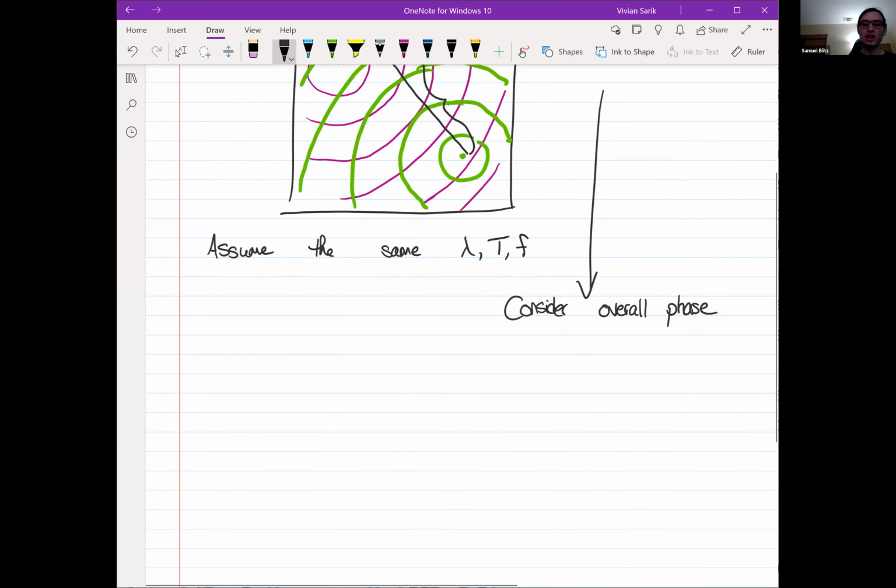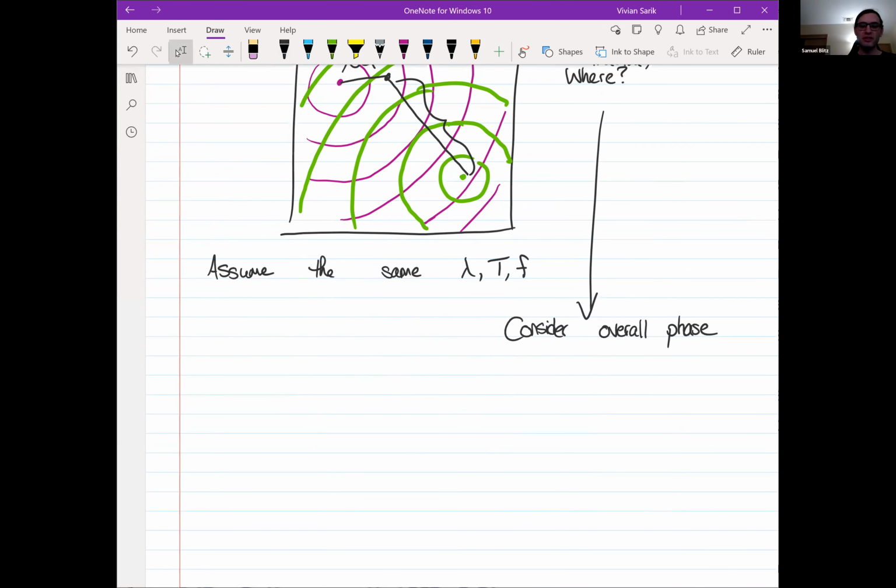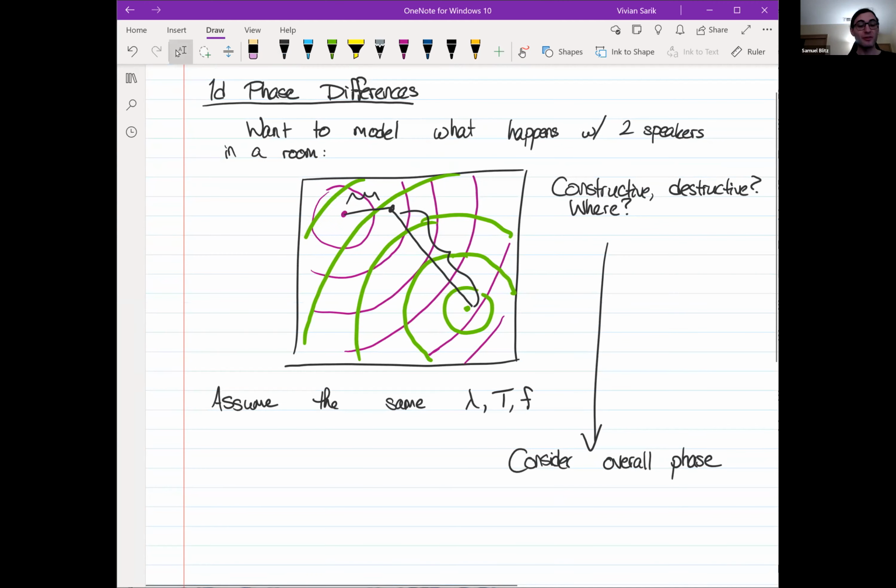So we're going to consider the overall one-dimensional phase, because if we're just looking at a particular position in the room, we can treat these as waves traveling in one dimension since we're disregarding how amplitude changes. Total phase still changes in the same way. If you travel a distance x, your phase increases by 2πx/λ. If you wait for a duration t, your phase increases by 2πft, and so on.